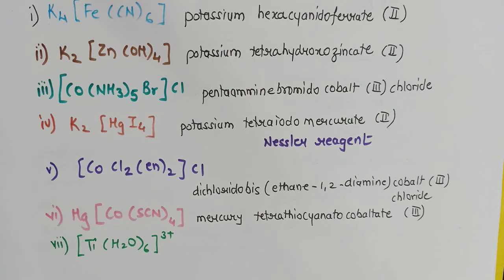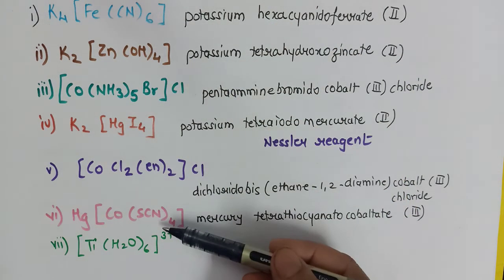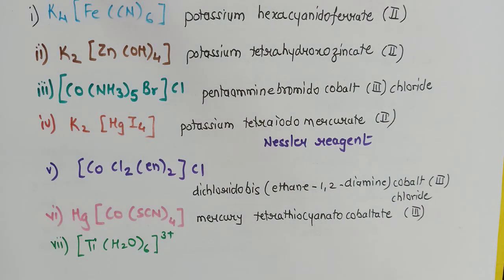Now before we wind up today's session, I want to cover one more example which is a little bit different one. In all the examples whatever we have studied, there was no charge on complex ion. So now I have taken one example where there is a charge on the complex ion. So how we are going to label it? No counter ion in this. So straightway we will start with the numbering of ligand.